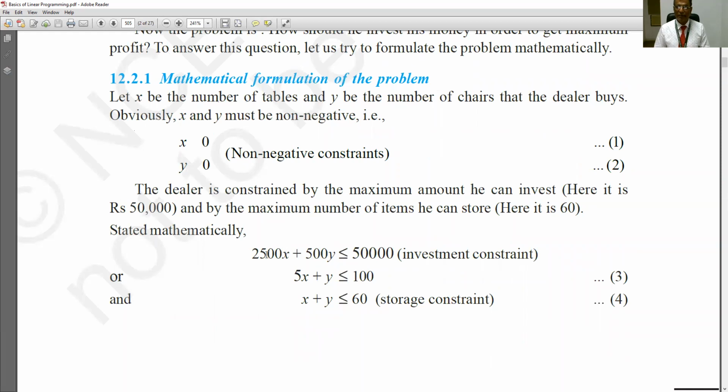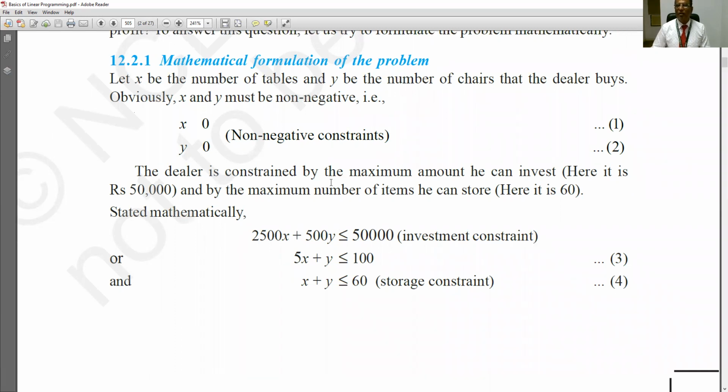So take 500 common from the LHS, then this will be 5x plus y less than or equal to 100. This is the investment constraint that he has only 50,000 rupees, and the storage constraint is also that the number of tables and the number of chairs he has to keep in his storage is less than or equal to 60.